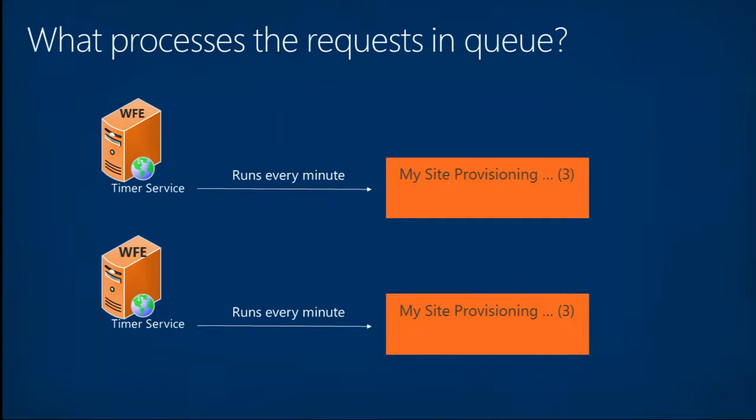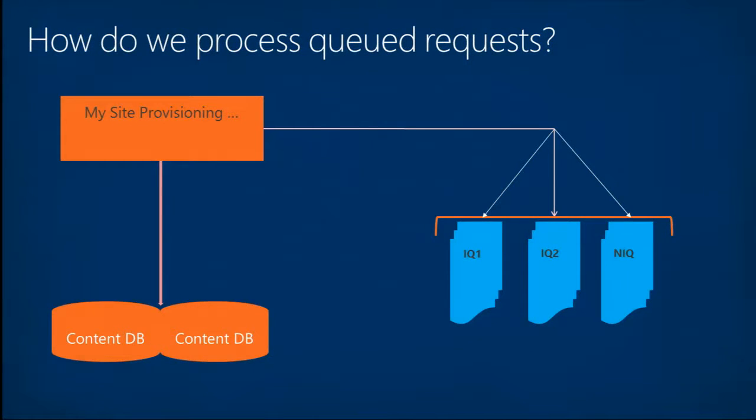Let's take a quick look at how we process these requests. So an instance of the my-site provisioning job will basically read a batch of 5 requests in each queue. I've just labeled these queues as IQ1, IQ2 for interactive queues, and NIQ for non-interactive queue. So the my-site provisioning job basically picks up the first 5 requests in the queue and will create a personal site for those requests.